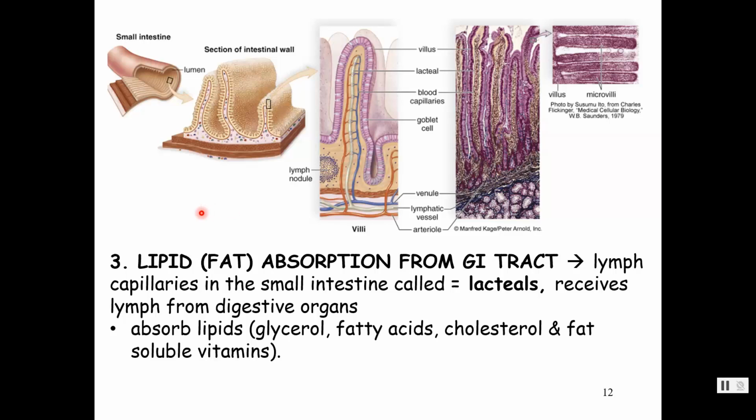So the third function of the lymphatic system is lipid or fat absorption from the gastrointestinal tract. Fats can't go into the bloodstream because plasma is mostly water, we learned that. So they get a protein carrier and they are absorbed into the lacteals, and then they'll go into those subclavian veins into circulation. So its role is in absorbing lipids, glycerol, fatty acids, cholesterol, and those fat-soluble vitamins A, D, E, and K.